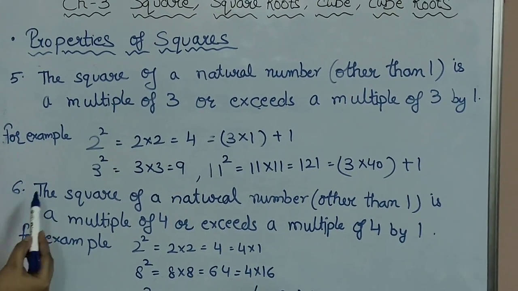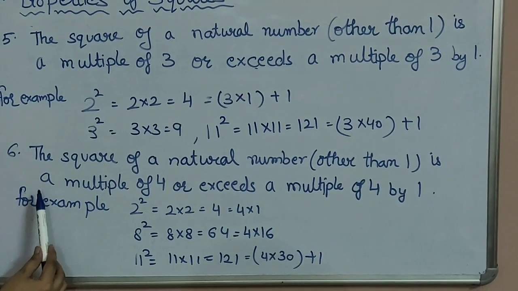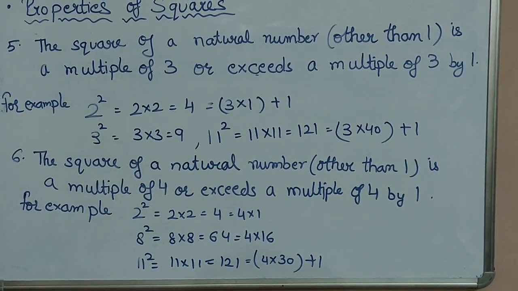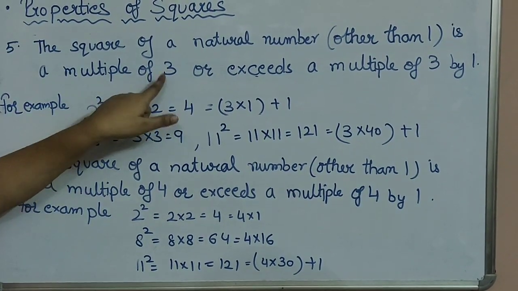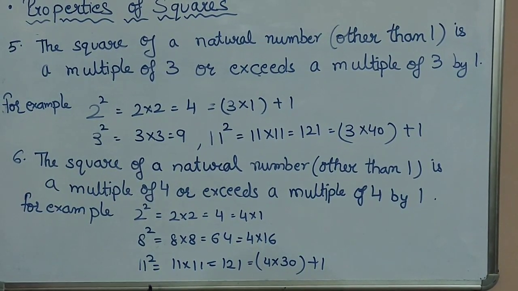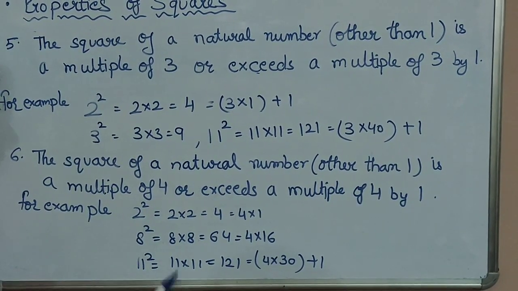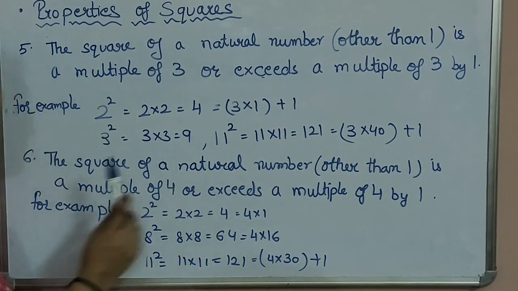Now the sixth property: the square of a natural number other than 1 is a multiple of 4 or exceeds a multiple of 4 by 1. Same as we did in the case of the fifth property. It says the square of any natural number you take, for example 2, is 2 into 2, that is 4, and it is a multiple of 4.